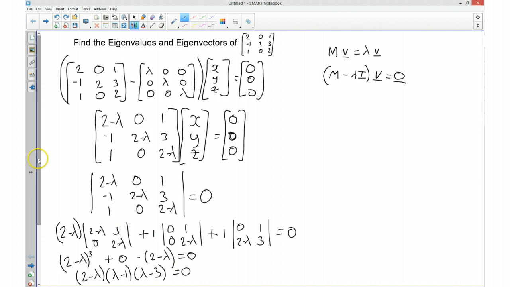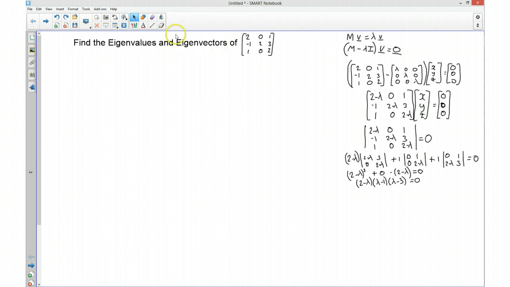Okay, so that tells me, if I just tidy up my work, I'm going to have 3 eigenvalues, 1, 2, and 3.